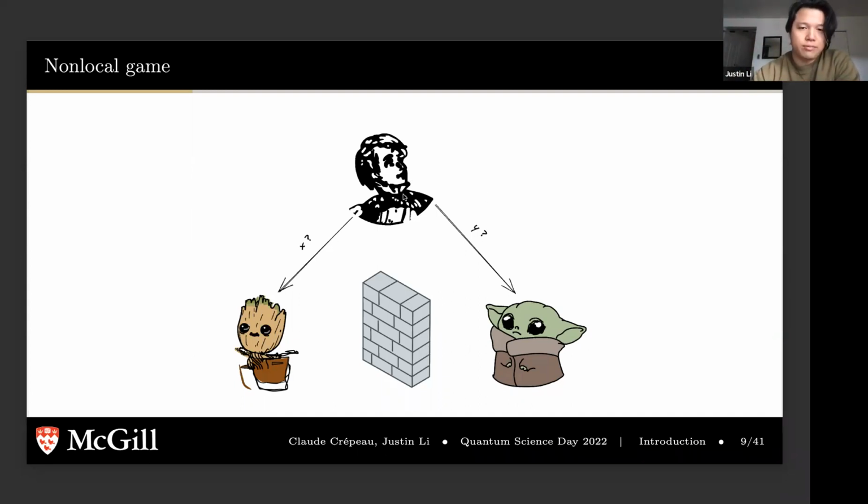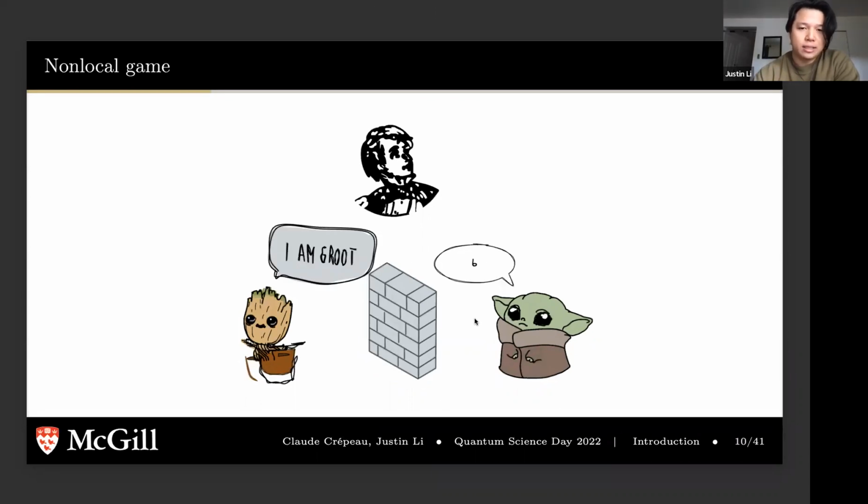So let's say the verifier samples some questions and asks each player individually a question. And the players, after some time, answer back based on the input usually. So let's say Baby Groot really wants to say "I am good," because that's what he knows how to answer. And Baby Yoda is smart enough to know what the answer should be, so he answers B, for example.